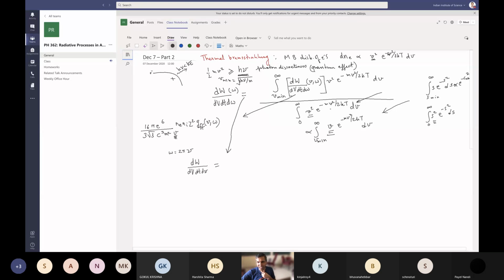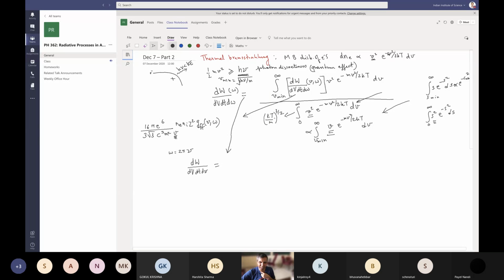Let's just see what this integral should give you. It should give you v cubed, and v squared is nothing but kT by m. There's v squared and there's dv, and there's the exponential.